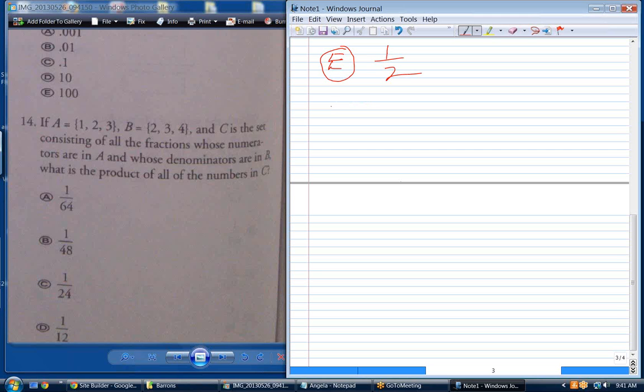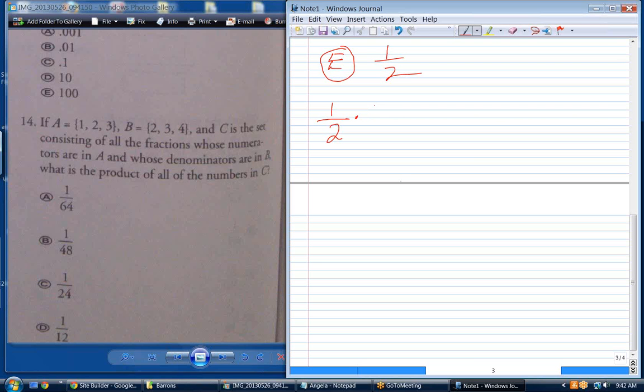So what are my possible fractions? Well, we start with 1, 2, 3 in the numerator. So we have 1/2, and then we could have 2/2 and then 3/2. Doesn't matter which one you change, just be consistent. Don't jump all over the place, because you won't know if you have them all covered.